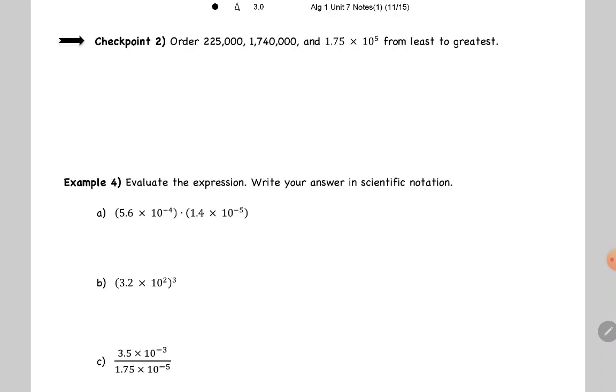Alright, let's do another one. So 1.75 times 10 to the 5th. 1.75, 1, 2, 3, 4, 5. So that's 175,000.